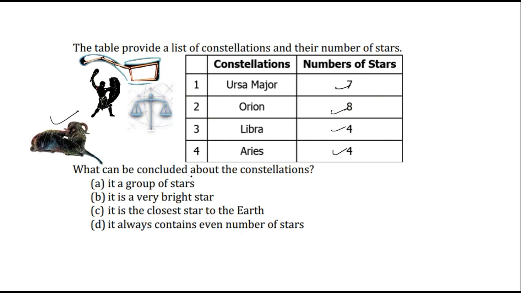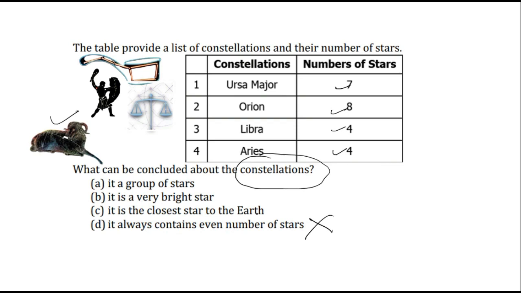What can be concluded about the constellations? First, it's a group of stars. Second, it's a very bright star. Next, it is the closest star to the earth. Third, it always contains an even number of stars. About constellations, see the following statements. It always containing an even number of stars is the wrong answer.